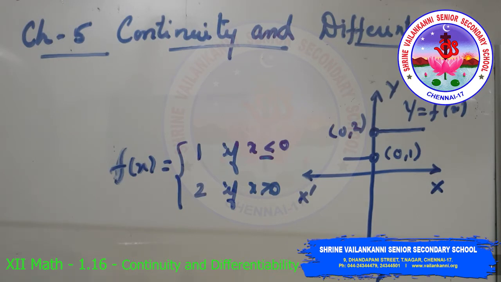Consider the function f of x, which is equal to 1 if x is less than or equal to 0, and f of x equal to 2 if x is greater than 0. It is clear that the value of f at 0 dictated by the values of x less than or equal to 0 is equal to 1.